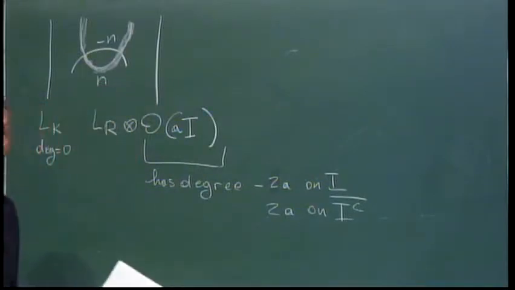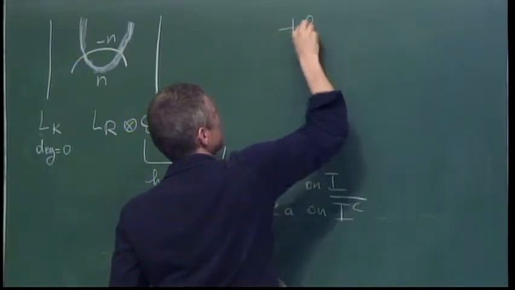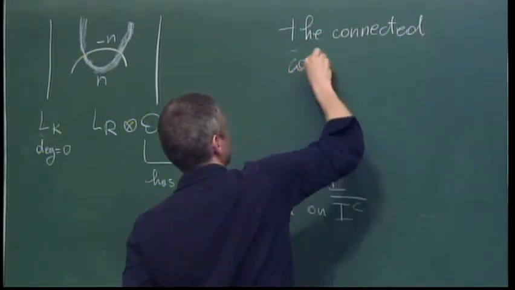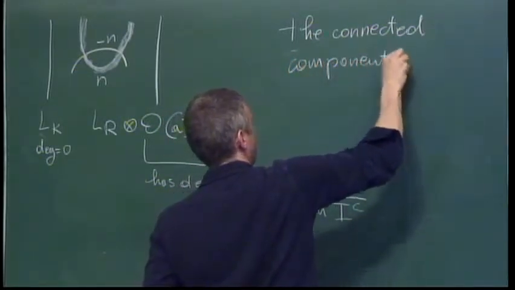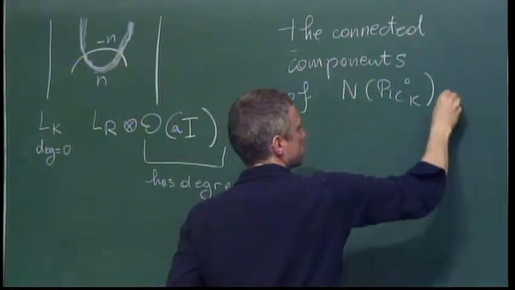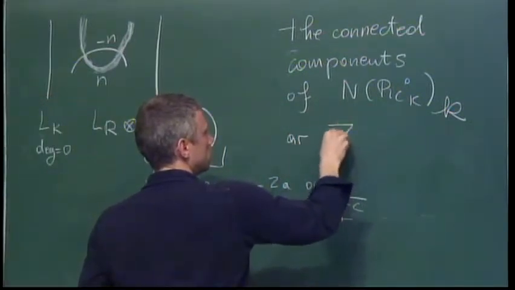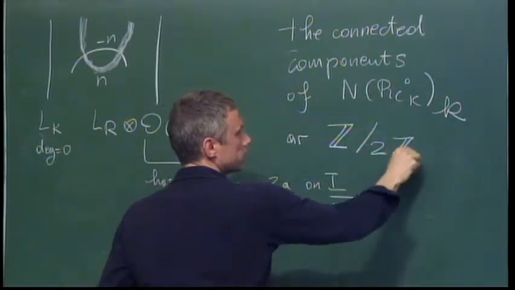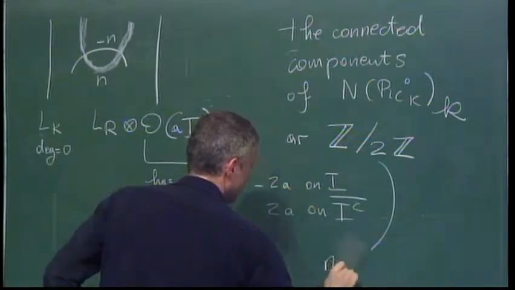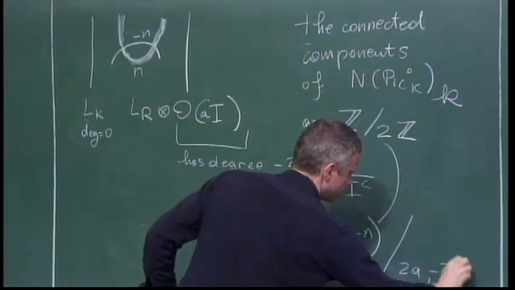And that's all I get. So essentially, the connected components of the Néron model of Pic^0 K special fiber are given by the group Z/2Z. Or if you prefer, you can present it as the group (n, minus n) mod (2a, minus 2a).